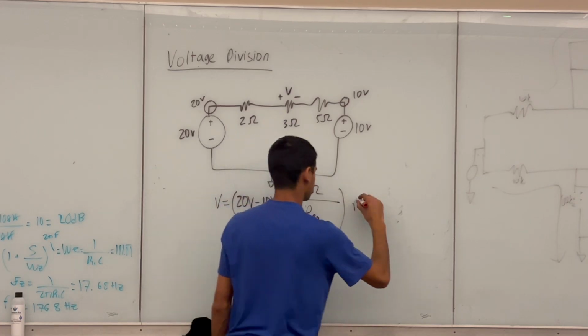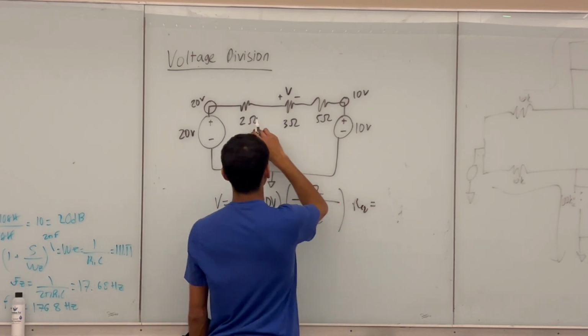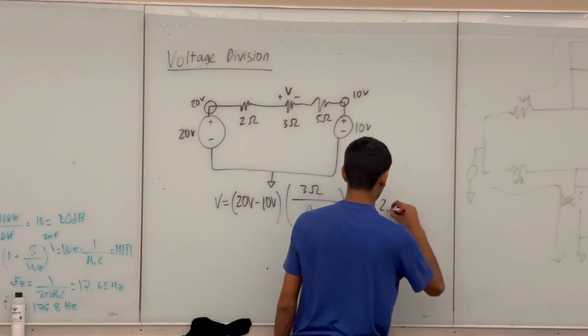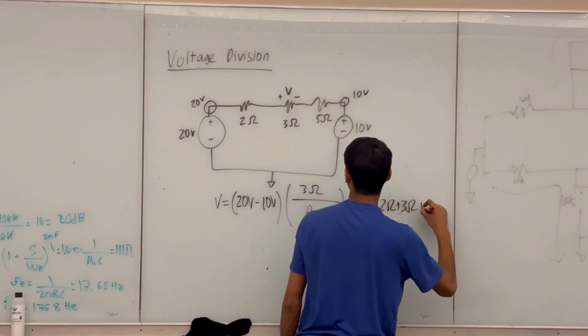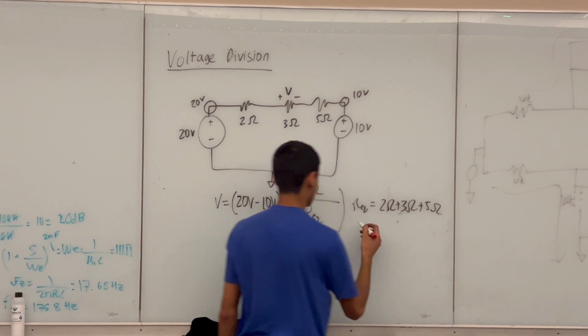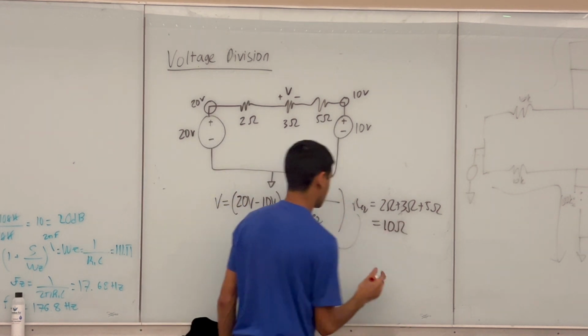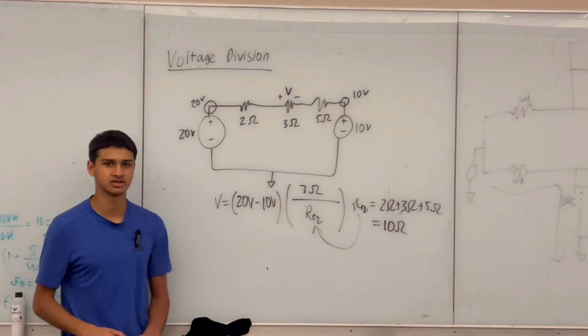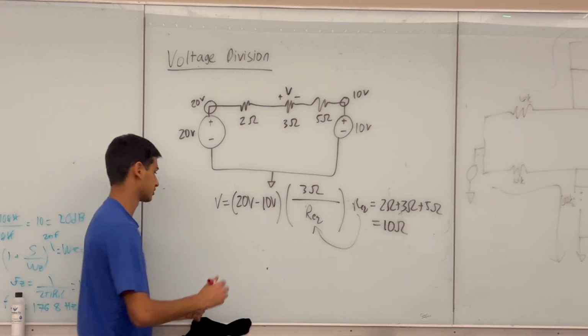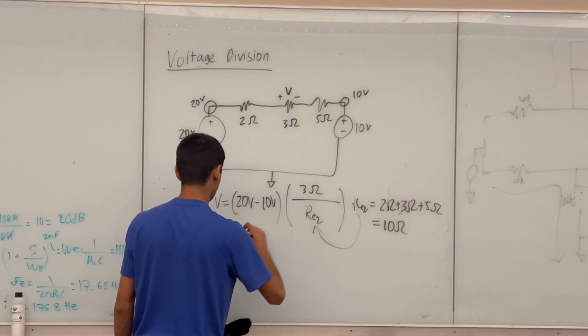Req is just 2 ohms plus 3 ohms plus 5 ohms, so Req is just 10 ohms. That gives you the exact same result as before, that V equals 3 volts.